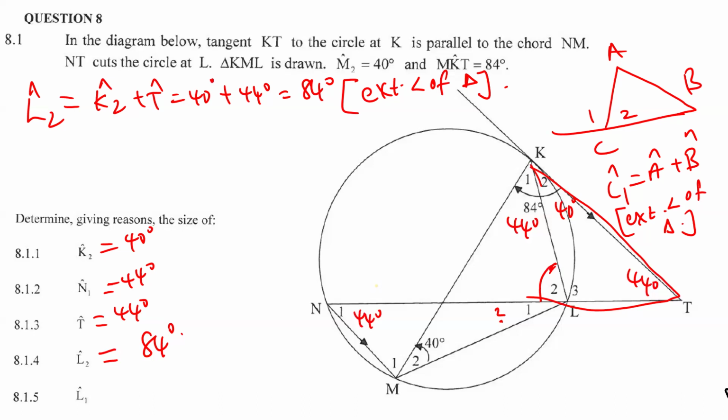So if we minus L2 from 90, we must get L1. I hear you. But for the angle subtended by a chord to be 90 degrees, it must be a diameter passing through the center.